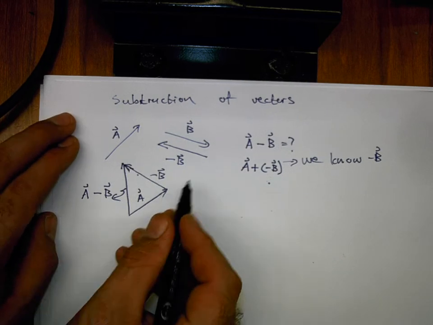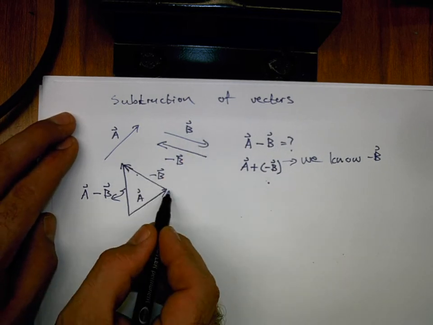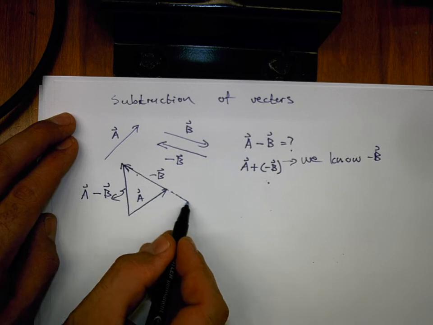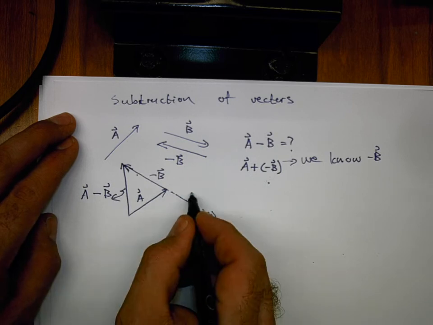Now, if I were to draw in the vector positive B, remember it's the opposite of negative B. So positive B would be somewhere over there.